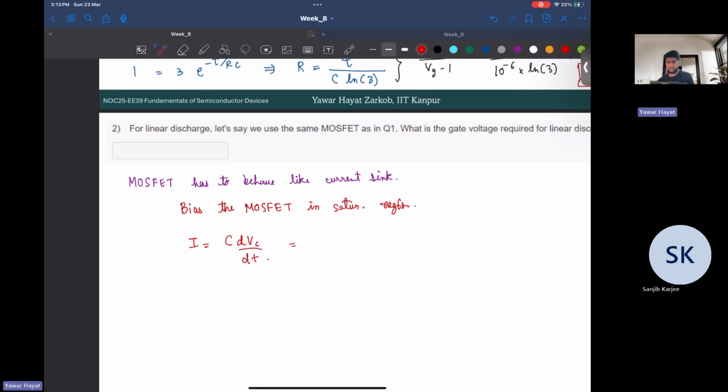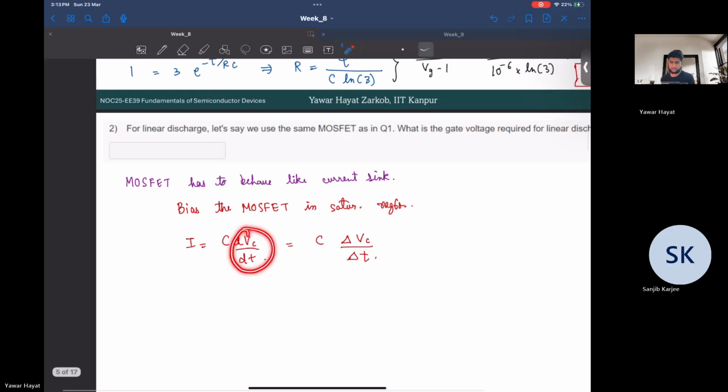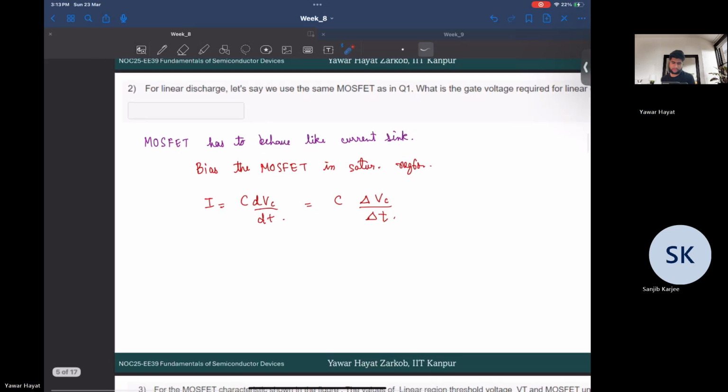So then we can write this in incremental form, C delta VC by delta T. The reason I'm able to do this is because this is a linear discharge, right? So the slope would anyway remain the same.